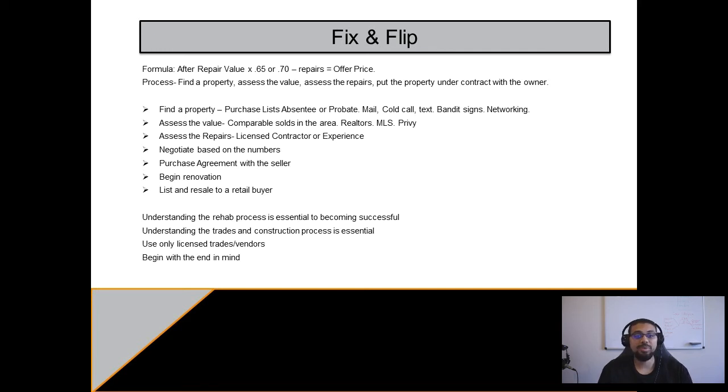I had a property one time where the guys put floors in before we painted, before HVAC was done, and all they did was scratch up all the floors. And we had to redo it. So you want to be sure that you're following a process. There are contracts out there. There are spreadsheets out there that can help you assess and do these numbers and make sure the processes are being followed.